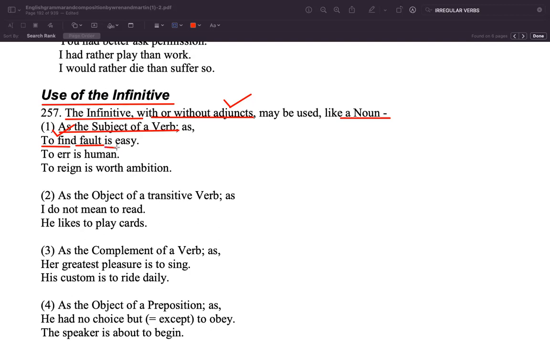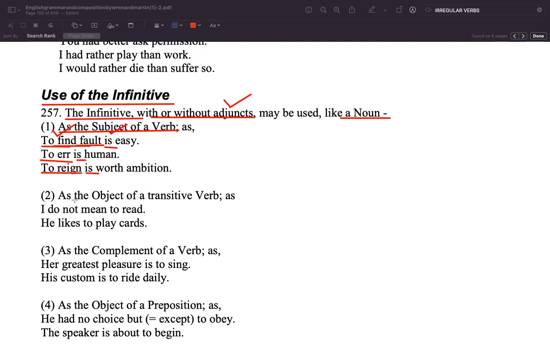Here the verb is easy, and to find fault is the subject. To err is human. To reign is worth ambition. So here, what do you find out? The infinitive can be used as a subject of a verb.